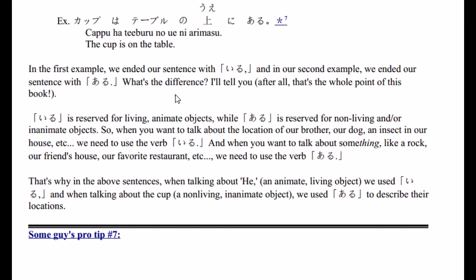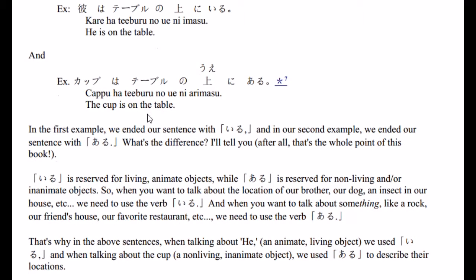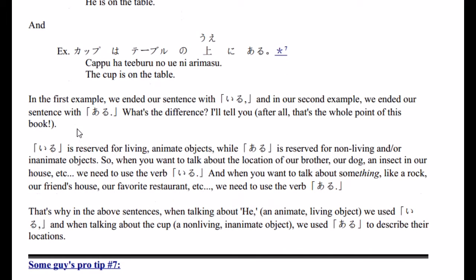We can see that in the first example here, we ended our sentence with iru, and in the second sentence, we ended our sentence with aru. So iru is reserved for living animate objects. Aru is reserved for non-living or inanimate objects. When we want to talk about the location of our brother, a dog, or some insect that might be in our house, like the mosquitoes that I sometimes find in mine, we use the word iru.